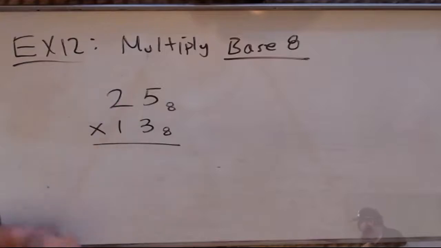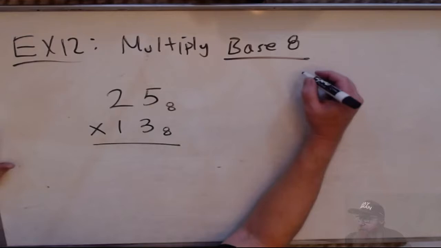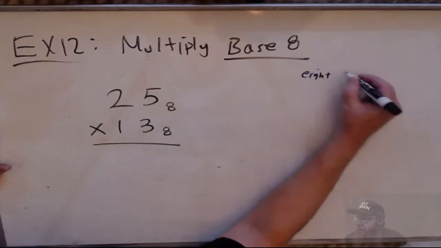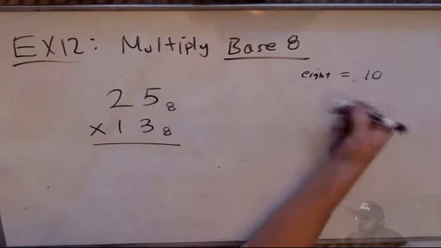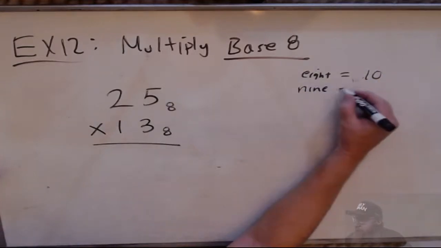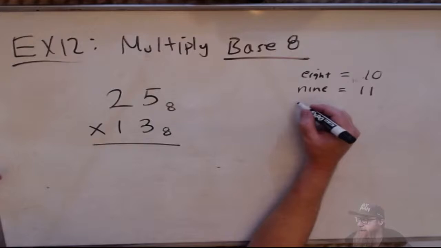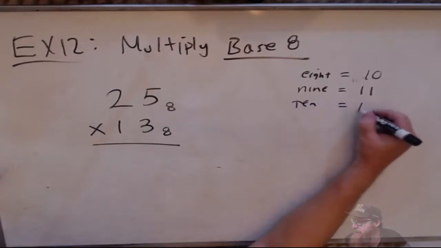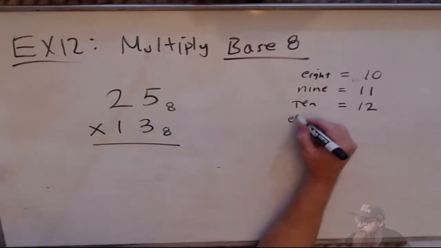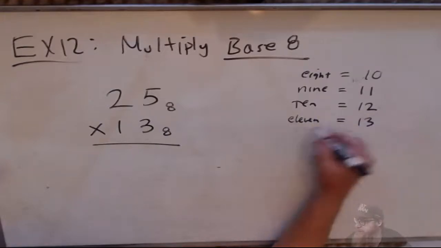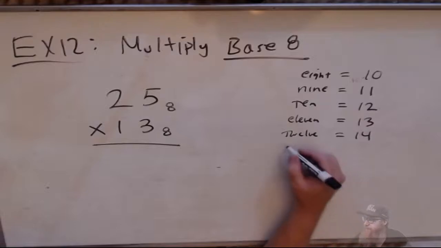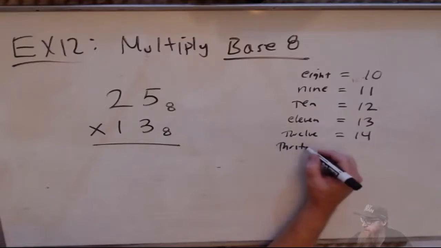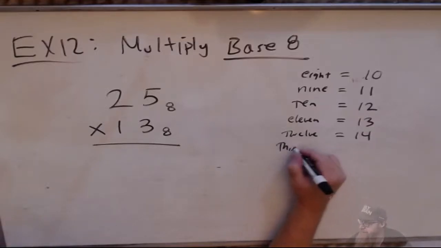So multiplying base 8. I'll keep the numbers relatively small because we have to keep track of what's going on here. So remember, 8 looks like 10. I had that list earlier. You might want to just keep that. 9 looks like 11. 10 looks like 12. 11 looks like 13. 12 looks like 14. 13 looks like 15.